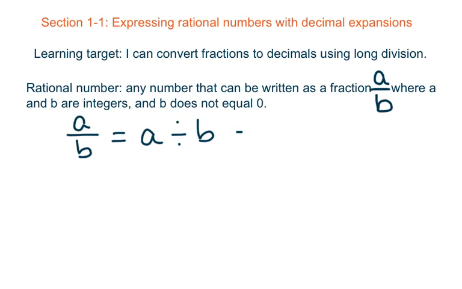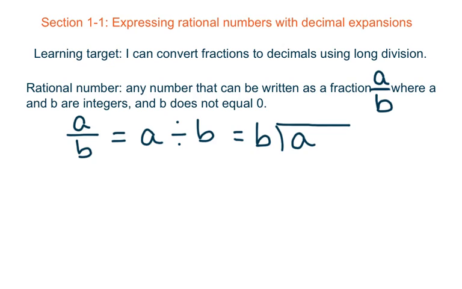And when we do the long division, remember that inside the division sign is the numerator and outside is the denominator. So a over b is equivalent to a divided by b, and when we write it in long division, the a is inside the division box.